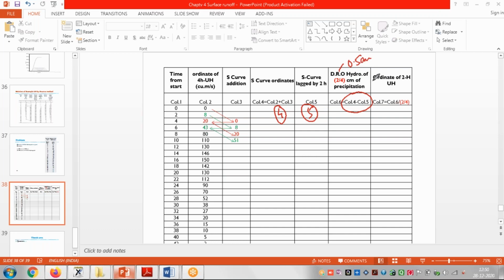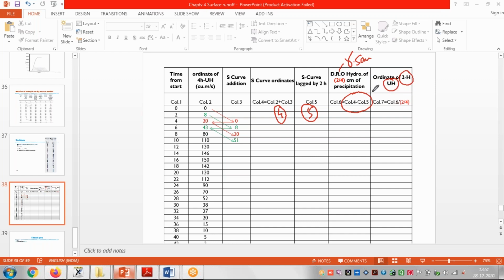But we want the 2-hour unit hydrograph. This is of 0.5 centimeter rainfall. But we want the unit hydrograph for 1 centimeter rainfall.